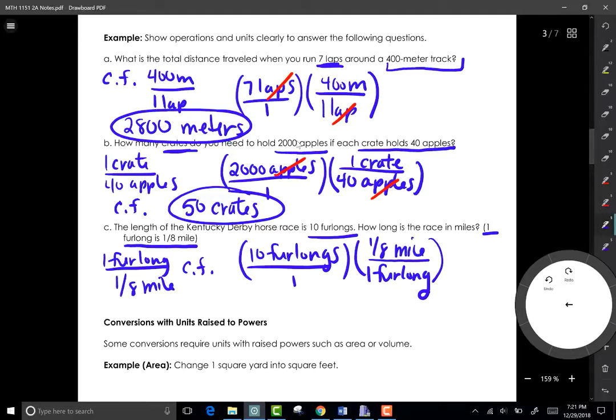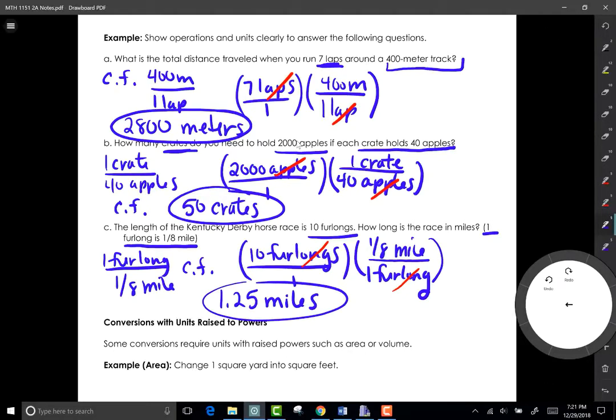Okay, so in my calculator, I'm going to put 10 over 1 in parentheses times, and then in parentheses, 1/8 over 1. That's going to get rid of my furlongs, and when I multiply that out on my calculator, I get 1.25 miles. So 10 furlongs is equivalent to 1.25 miles.